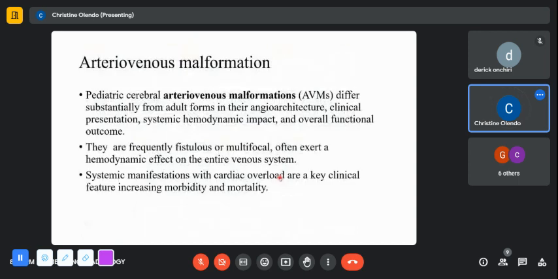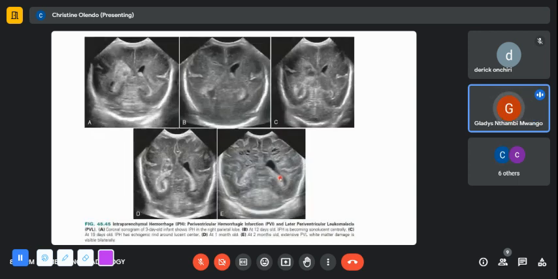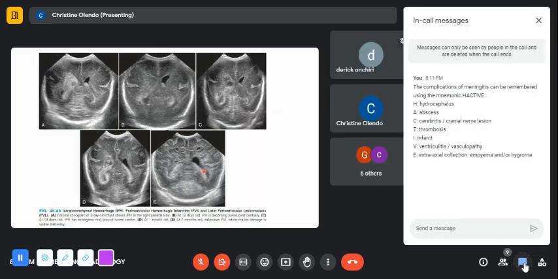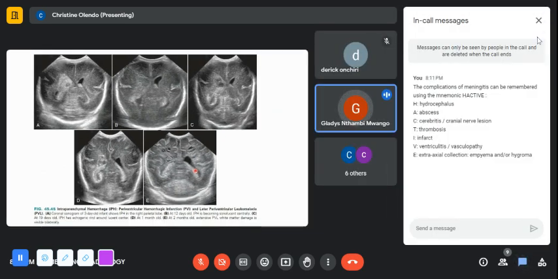All right. Yes, so PVL is a parenchymal complication where you have more diffuse areas of infarction, yeah? And you can see as the infarct ages, there's initially volume loss.